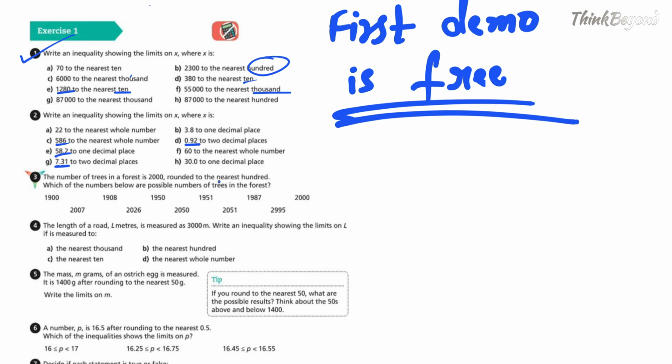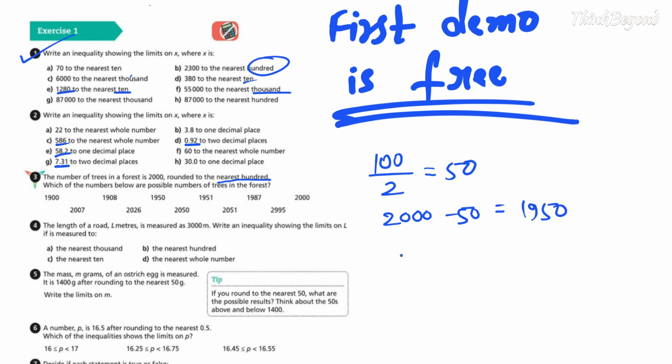Okay, so they are talking about the nearest 100. First, you have to calculate half of 100, which is 50, right? Now do 2000 minus 50, which will give you 1950.